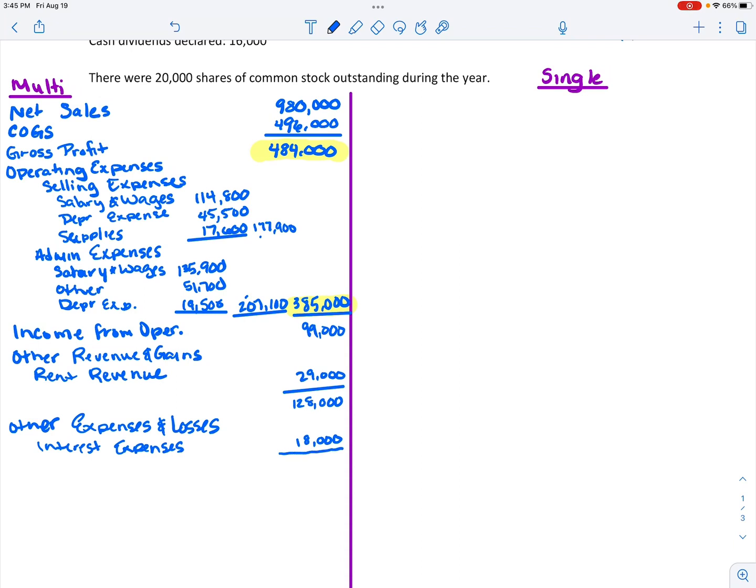And this will give me what we call our income before income tax. So you can kind of guess what's next, right? Is our income tax.